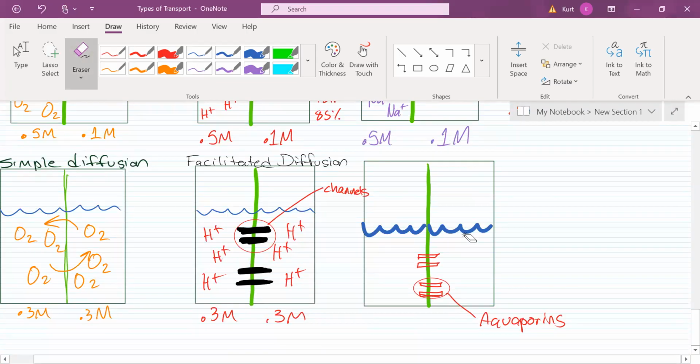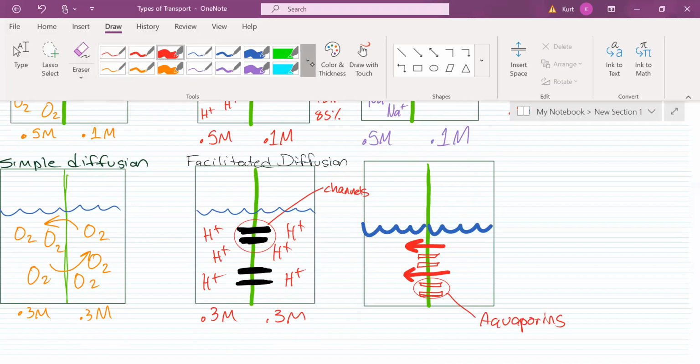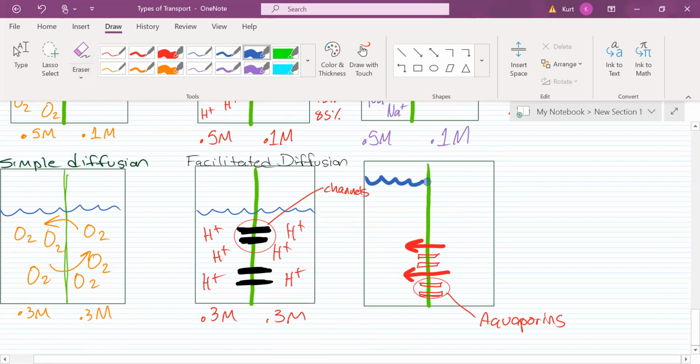Water is going to diffuse from left to right. Or I totally said that wrong. I apologize. Right to left. It's going to diffuse from right to left. And that's going to cause the water level to actually change. Because we're diffusing from right to left, this side's going to be really high. This side's going to be really low.